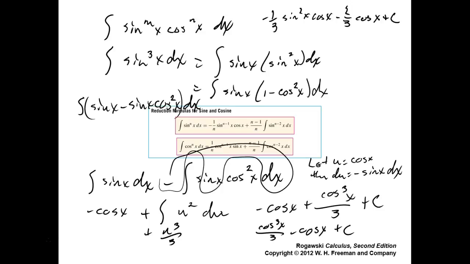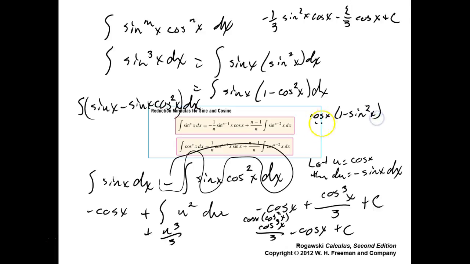Okay, now, how can we rationalize this? Well, here's how. Cosine cubed is the same as cosine x times cosine squared x, right? Okay, so we could rewrite that as, and what is cosine squared x? 1 minus sine squared x.